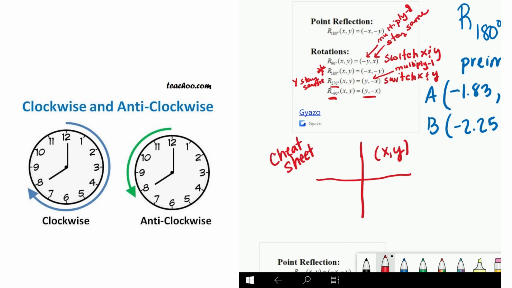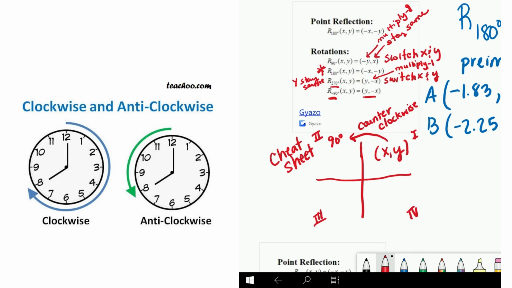So if a point starts in the first quadrant and I rotate it 90 degrees counterclockwise, going in this order, then that puts me in the second quadrant. This is the first quadrant, this is the second, this is the third, this is the fourth.